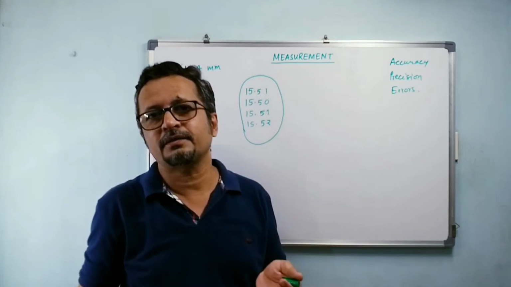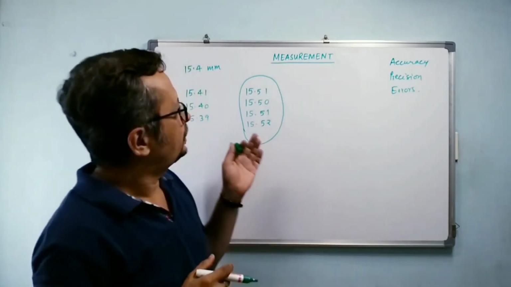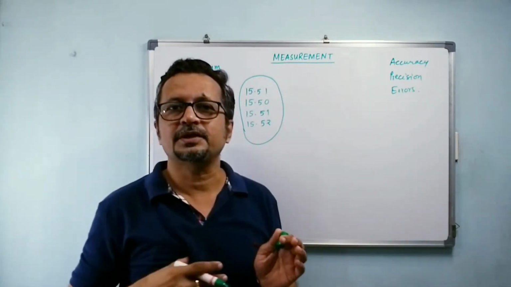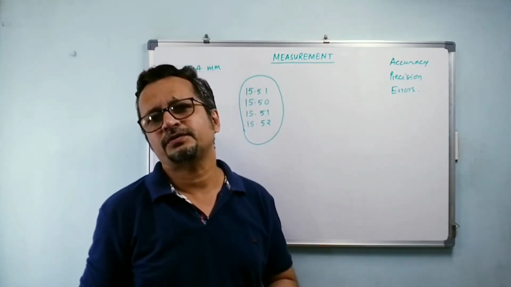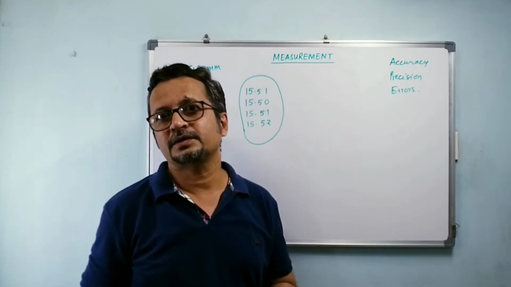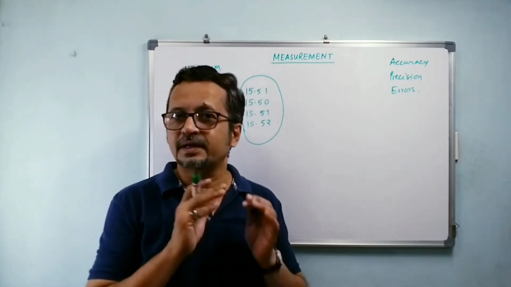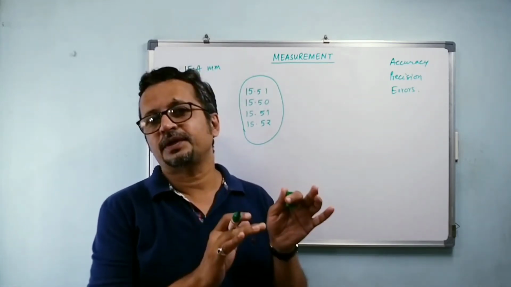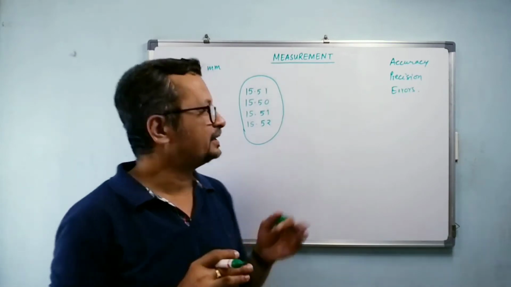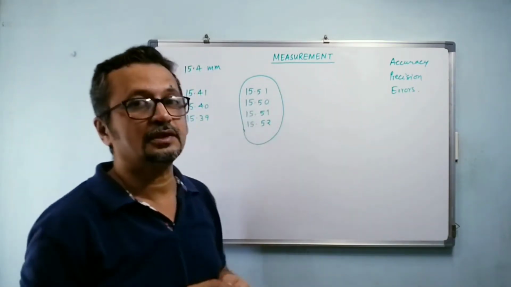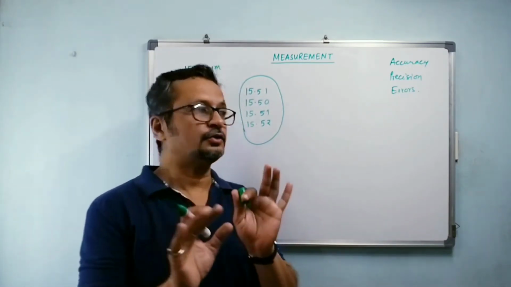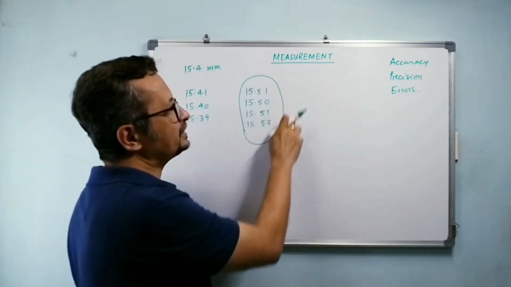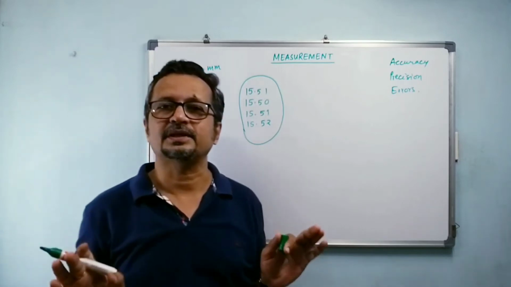The reason might have been that there is some zero error of 0.1 millimeter. So all the readings are greater than what they should be by 0.1 millimeter, and that 0.1 millimeter is causing the readings to change. But still, the set of these readings is quite precise.